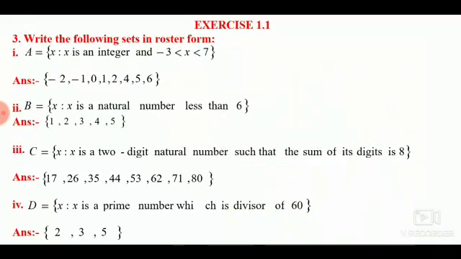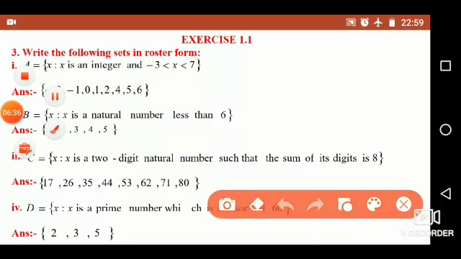Now we have to make a list of prime numbers which divide 60. The first prime number is 2, which is a divisor of 60. 3 is the second prime number which divides 60. The next prime number is 5, which divides 60. There are plenty of other prime numbers, but those are not divisors of 60.